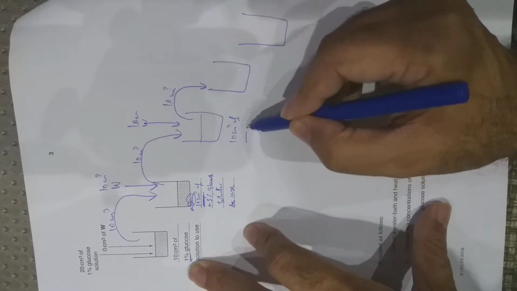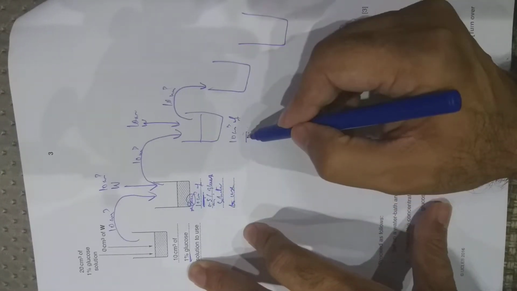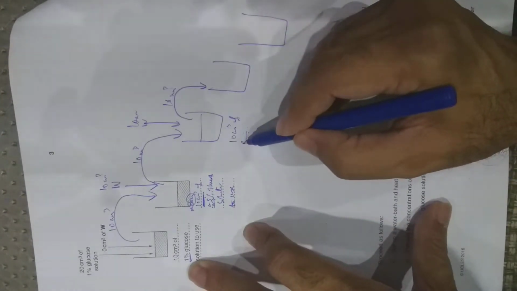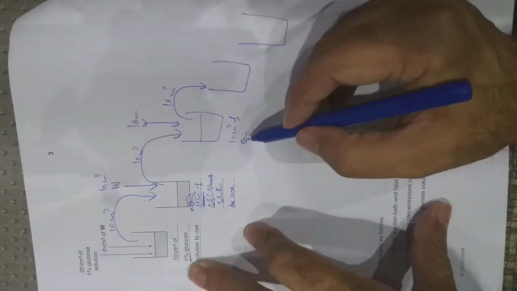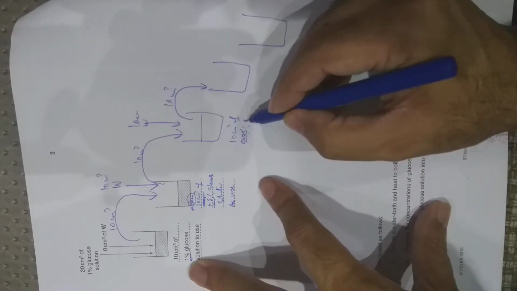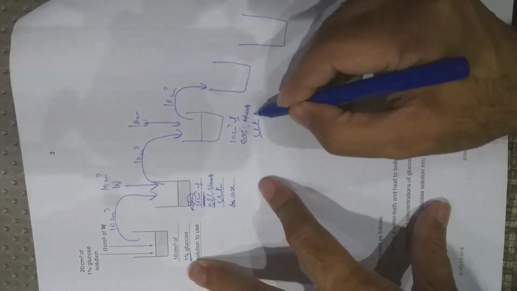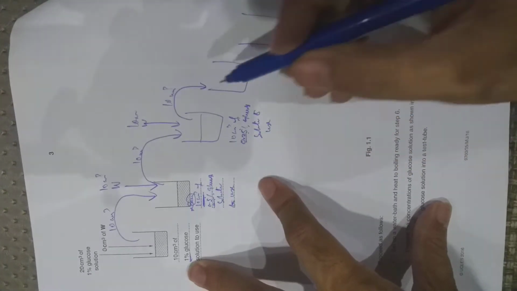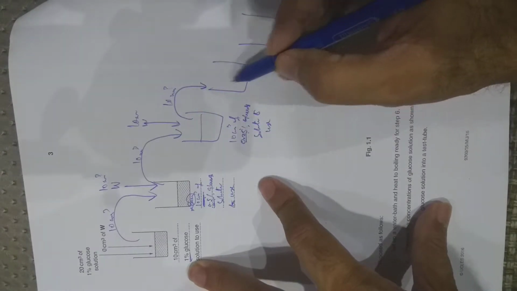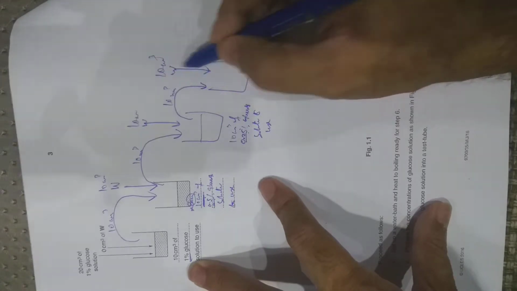I have to write the concentration here. The concentration here will be half of the previous one. So if it is 0.5% here, this will have half of 0.5, so it will be 0.25% glucose solution to use. Similarly, you will add 10 cm cube of 0.25% into it, and you will add 10 cm cube of distilled water into it.